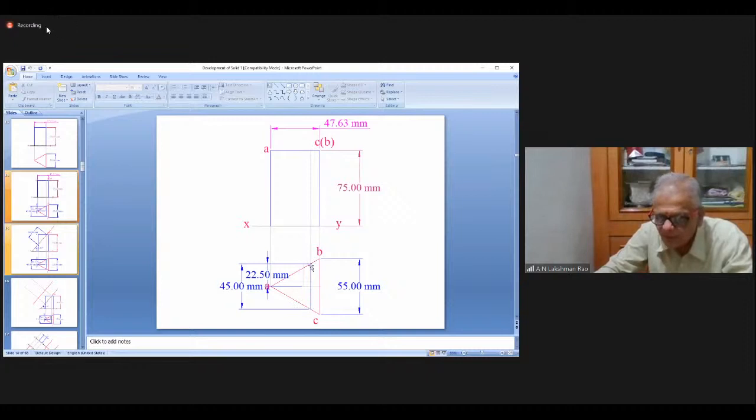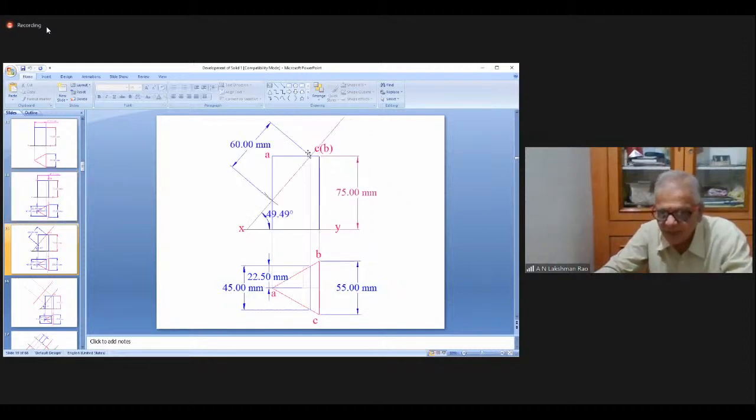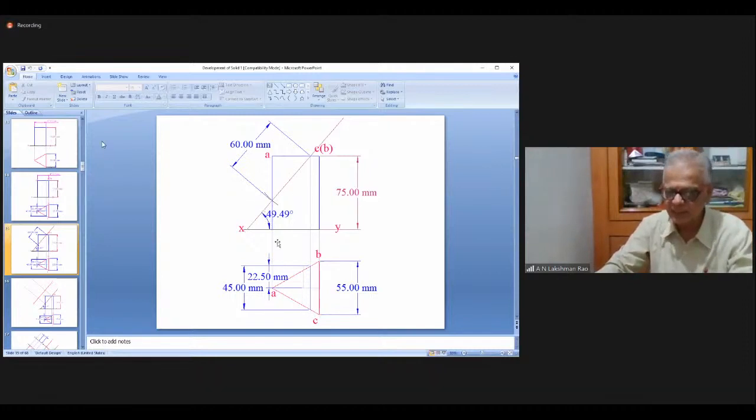Total will become 45. This I have projected here. From here, I take 60 down. Now, height is 60, base is 45. Now I got the section line at 49.49 degrees. I got the section line. Rest of the things are same.